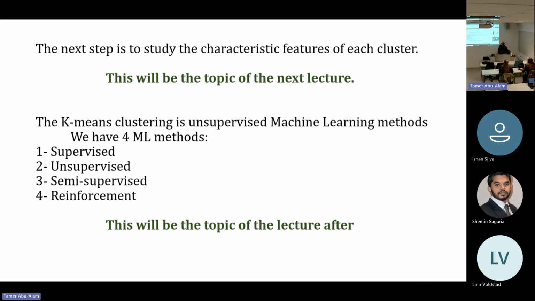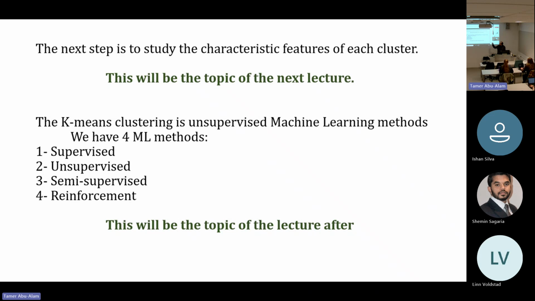Good. So actually, we have 4 types of machine learning techniques. This is just to link this introduction and the previous lecture, because this is the last slide that we got in the last introduction.